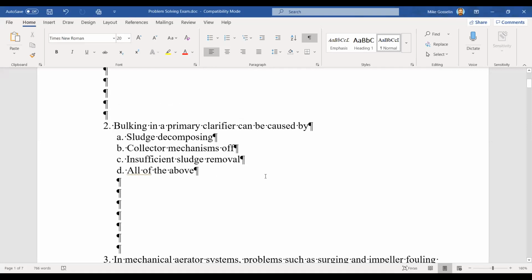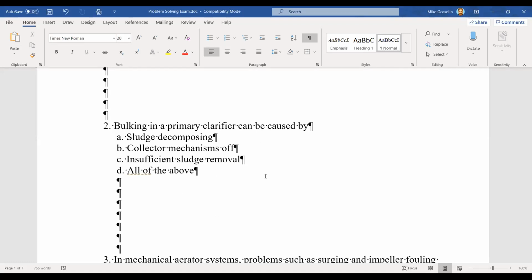Bulking in a primary clarifier is caused by... okay, so a couple answers of C. That is a correct answer, but in this question, the answer would be D. So let's take a little look at that. And you're absolutely right.